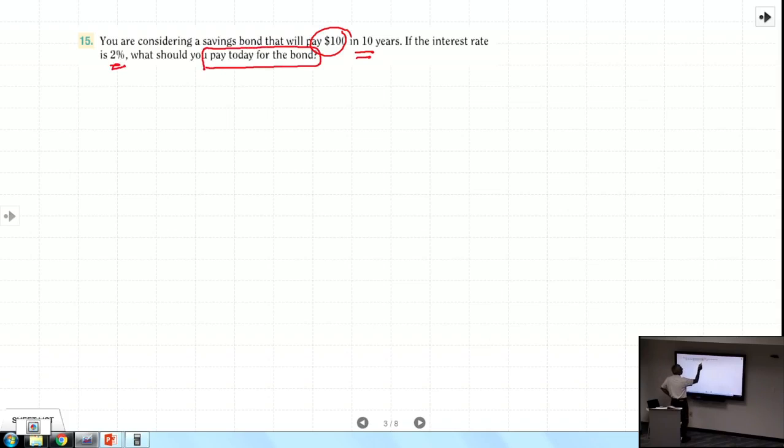So from reading this problem, you have to first identify what these numbers represent in terms of our time value of money variables. This is $100 that will be paid 10 years from today. So that's future value. That 10 years represents my N, the number of periods. That 2% represents my R or I/Y. And what will you pay today? That's my present value.